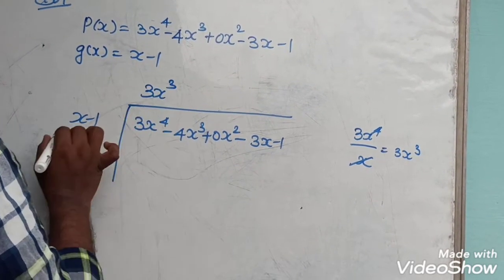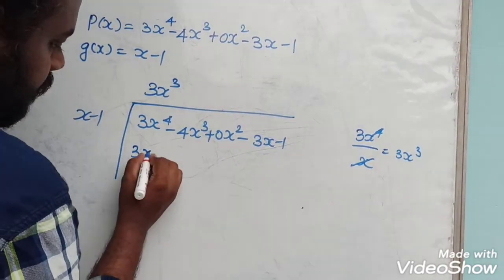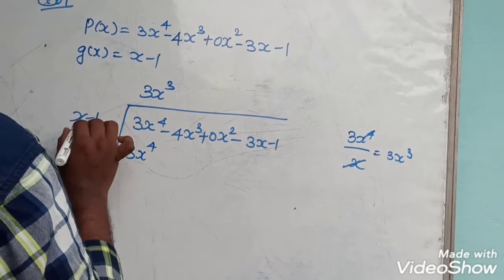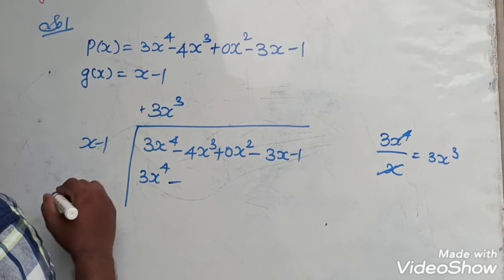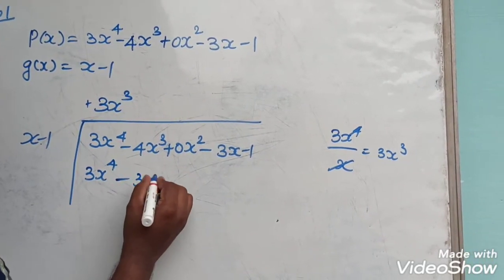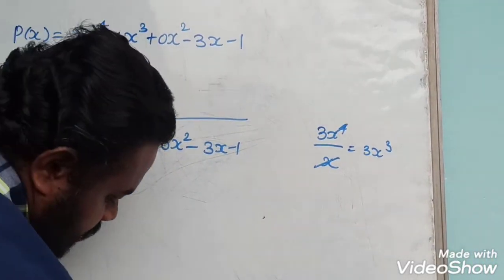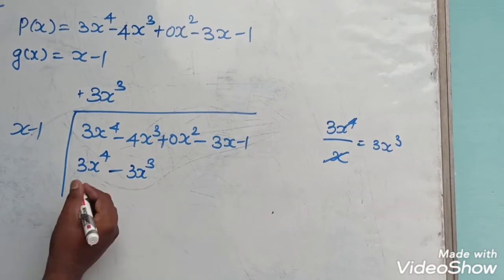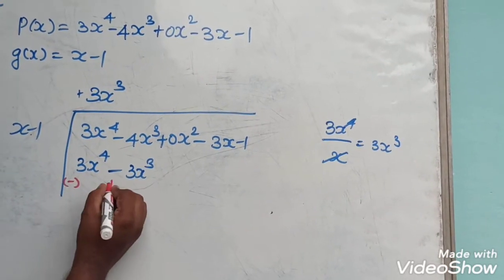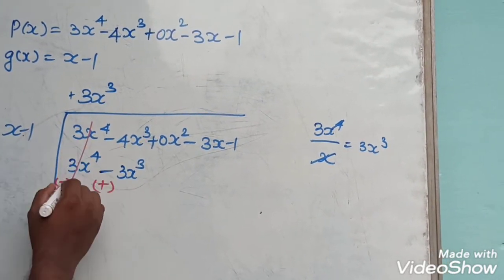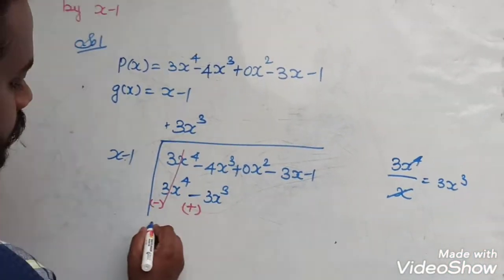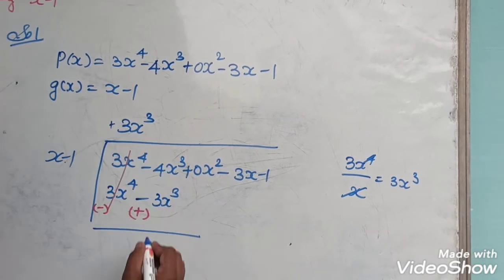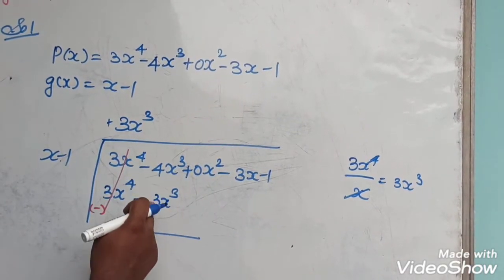So 3x cube into x gives 3x power 4. Minus 1 into plus 3, minus... plus into minus, minus. So 3x cube. And for the second condition we have to change the symbol. Plus becomes minus, minus becomes plus. So same, it will cancel. So plus 3 minus 4. 4 is bigger. So the answer is minus 4 minus 3, 1.